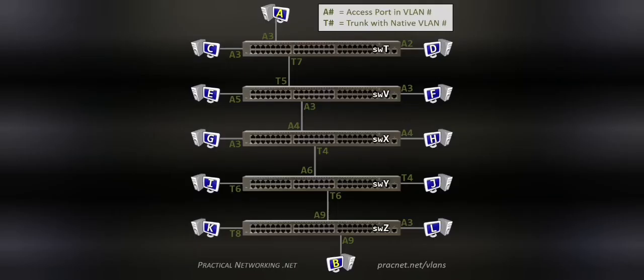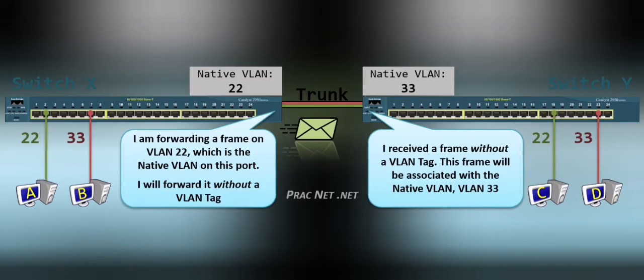One last thing to know about VLANs is that when we configure VLANs, there's something called native VLAN and non-native VLAN. When a packet is sent from a workstation that is part of a native VLAN, then the packet will be untagged.